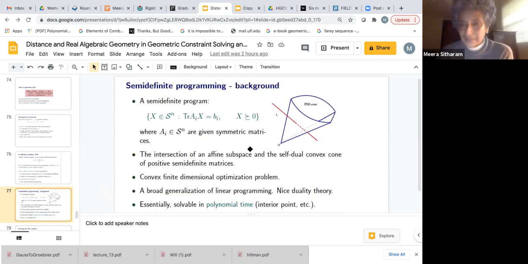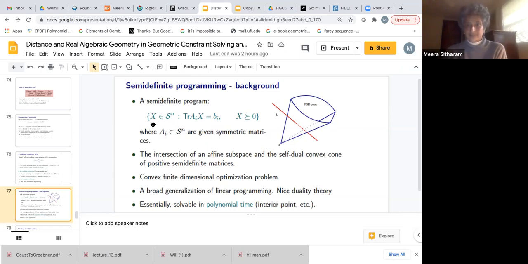And we come to something very familiar that we have already seen, the positive semi-definite cone. The Euclidean distance cone we saw is the negative semi-definite cone, but the corresponding Gram matrix cone is exactly the positive semi-definite cone. Just a recap of what a semi-definite program is.